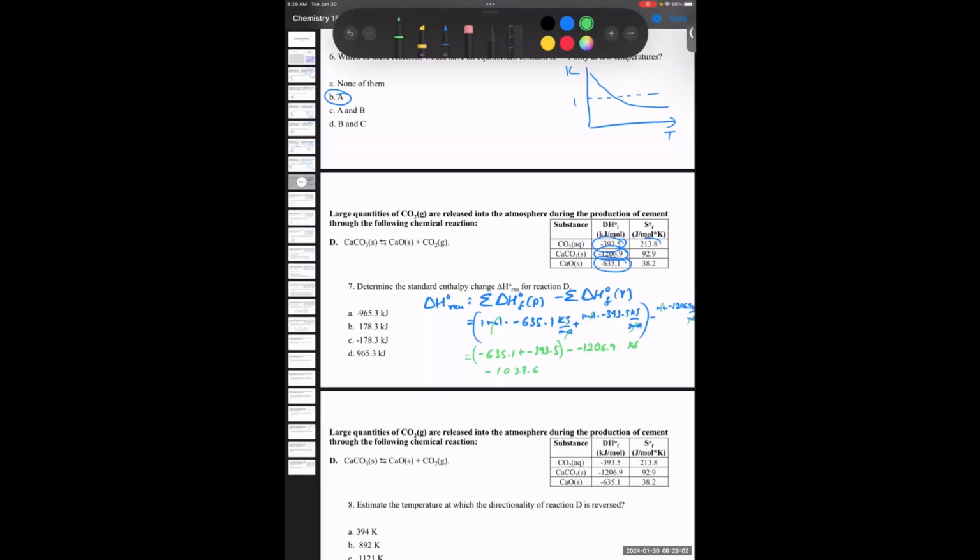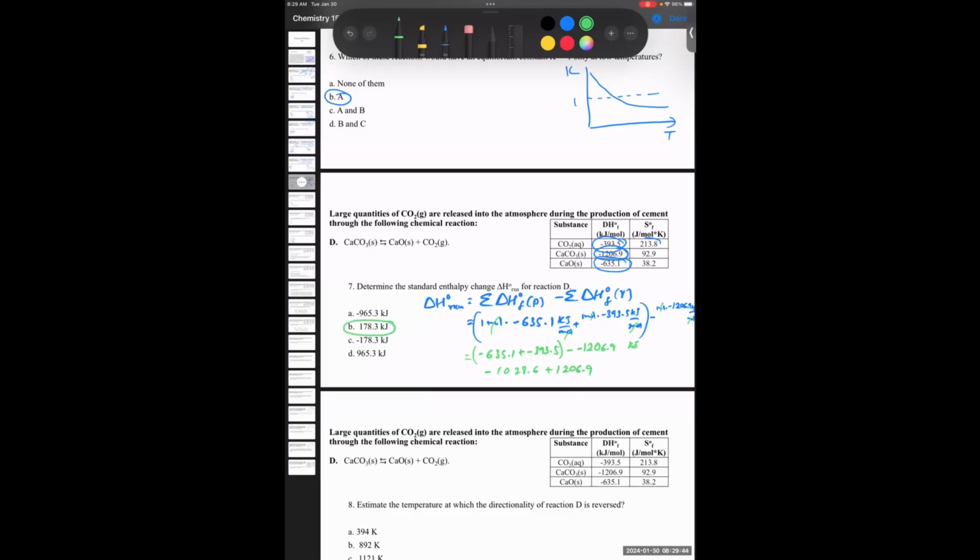Then we minus negative 1206.9, which means plus 1206.9, a positive value. So I think it's going to be 178.3 or something like that, which is this value over here.